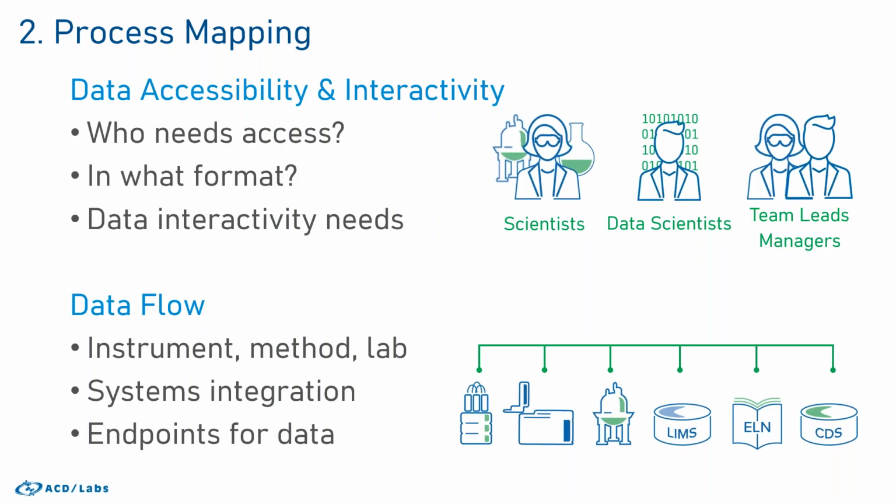Where is that data destination, right? And the idea of who needs access is going to be a key driving force in terms of how you make a plan for your digitalization efforts, because that will often dictate what types of systems are going to be required.